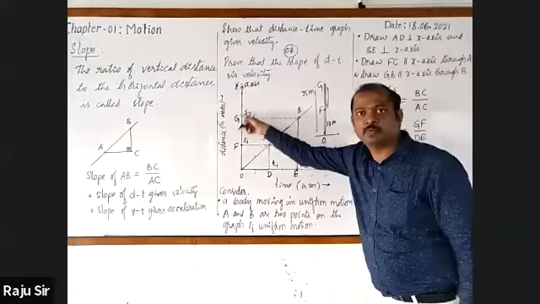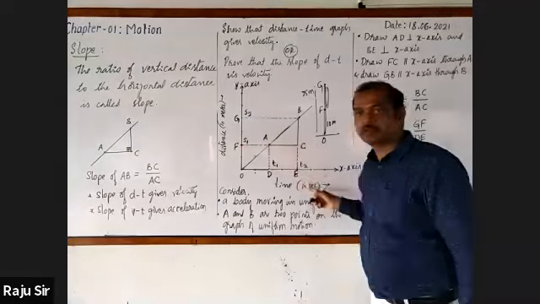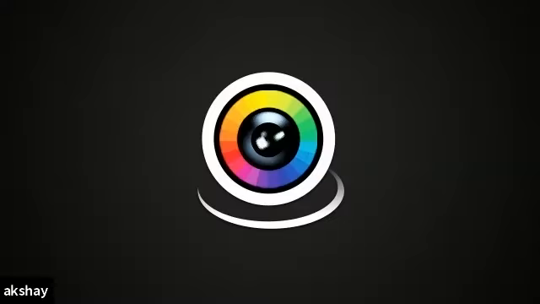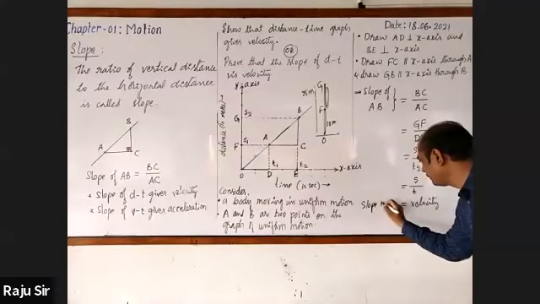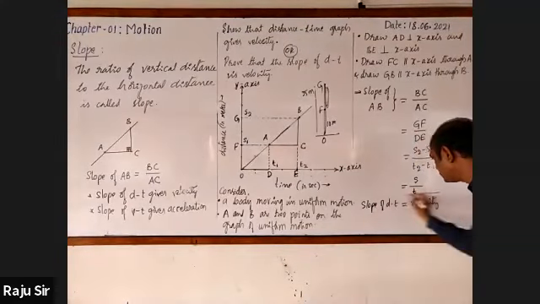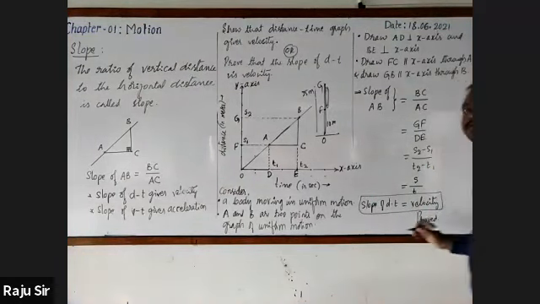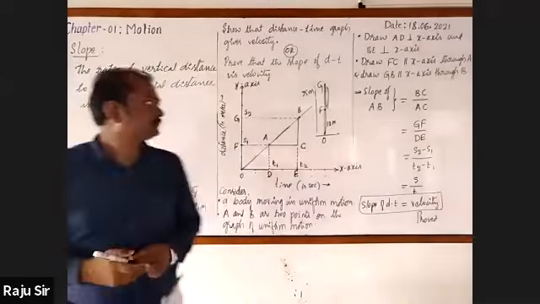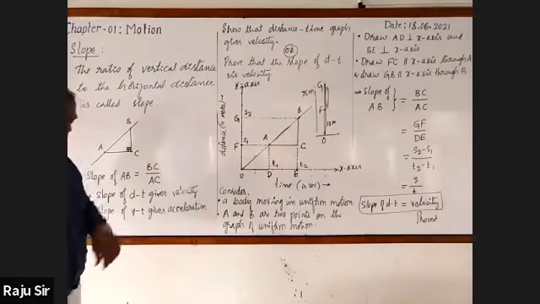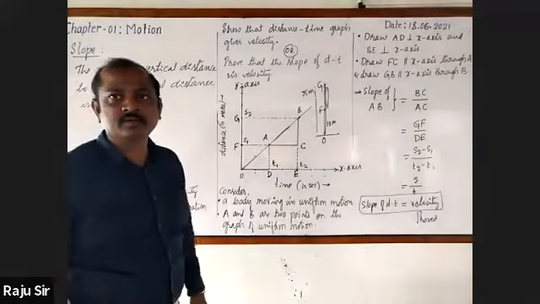Now, slope of AB is nothing but with respect to which graph? DT graph. Slope of DT is velocity. Hence, it is proved. Is it not simple?